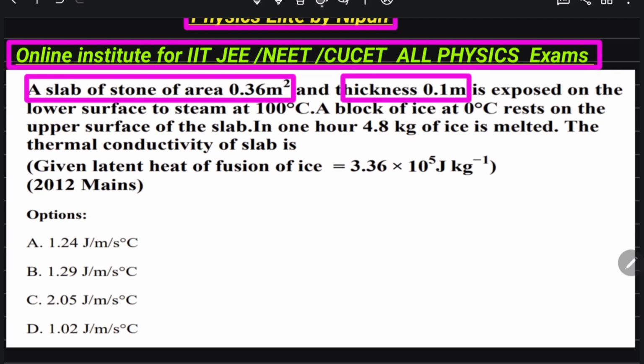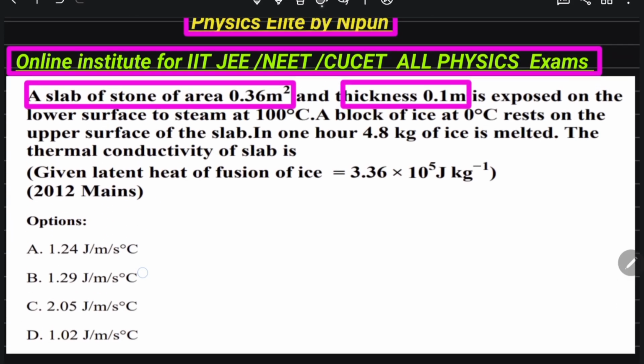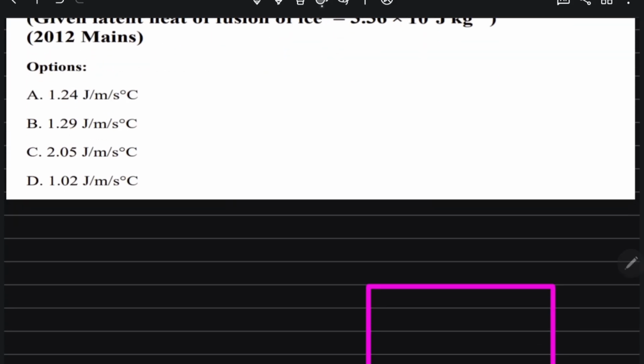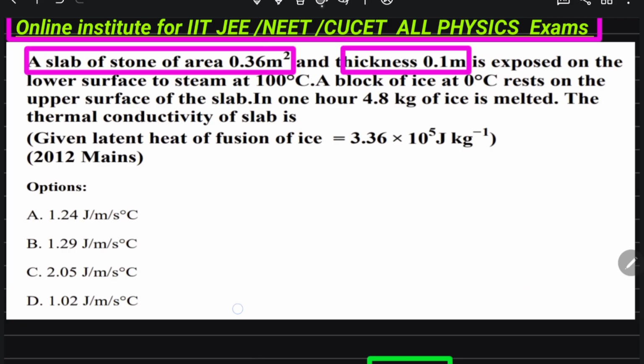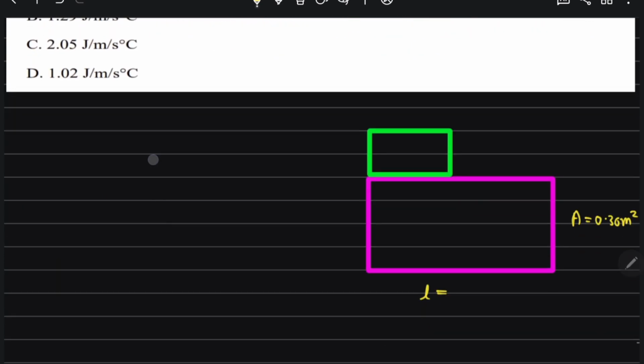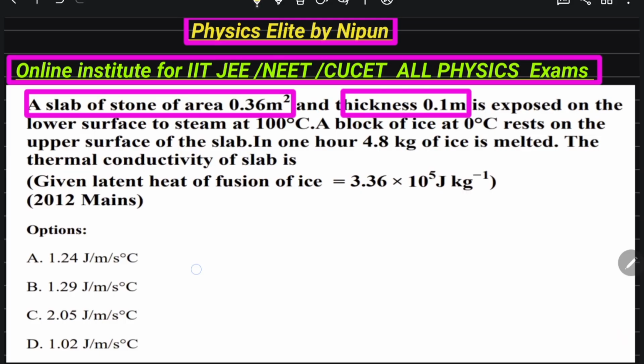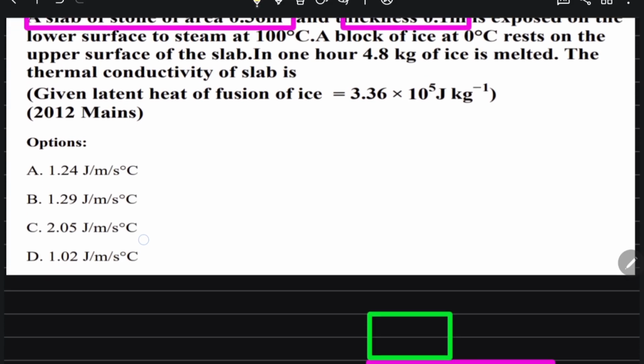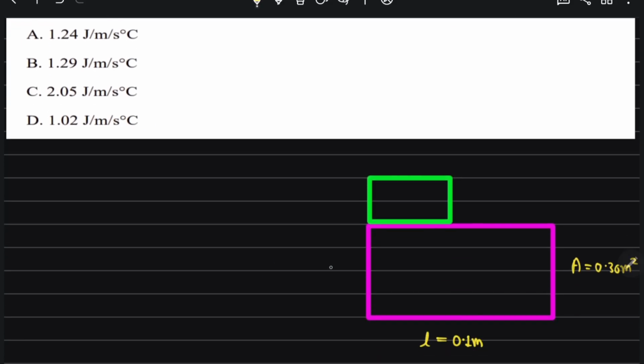This is a slab of stone; they have given you the area 0.36 meter square and the thickness 0.1 meter.